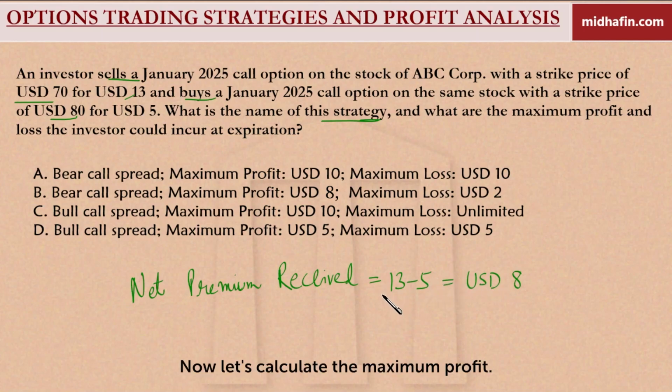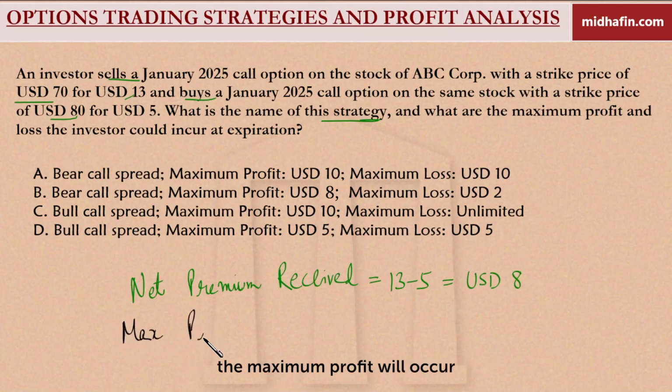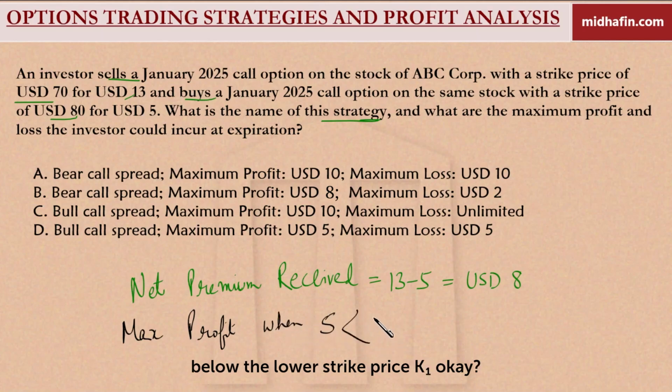Now let's calculate the maximum profit. See, the maximum profit occurs if the stock price stays below the lower strike price. So we can say that the maximum profit will occur when the price stays below the lower strike price K1.